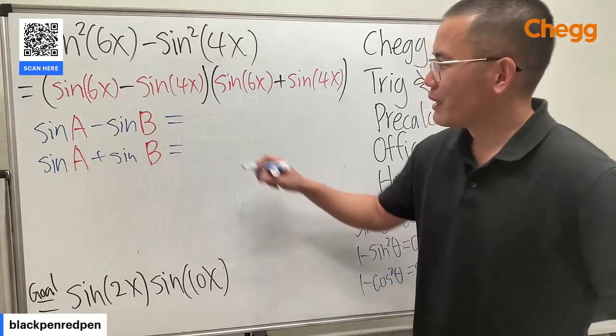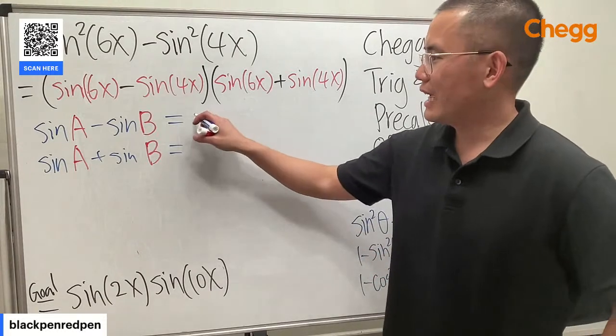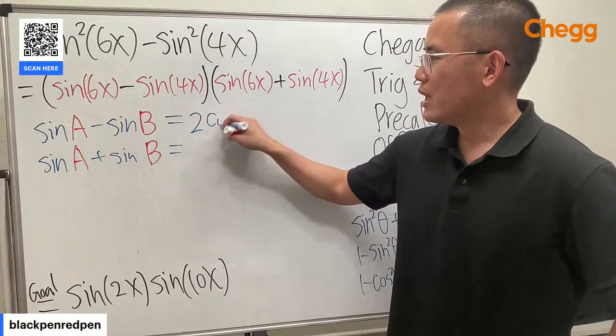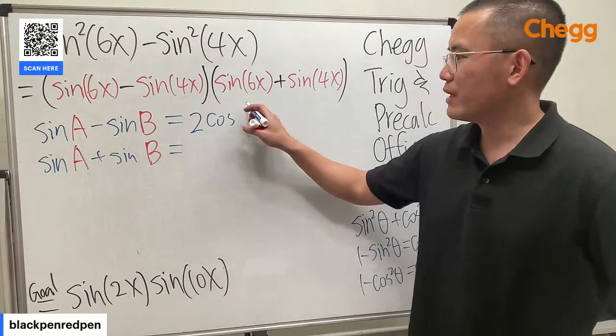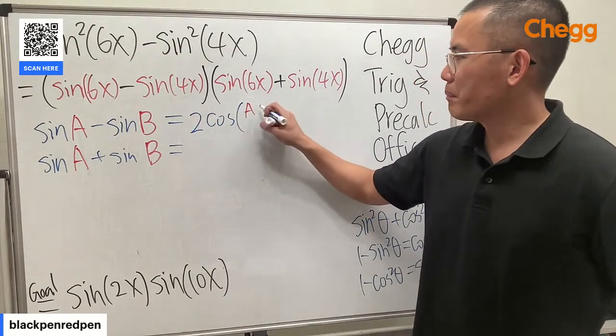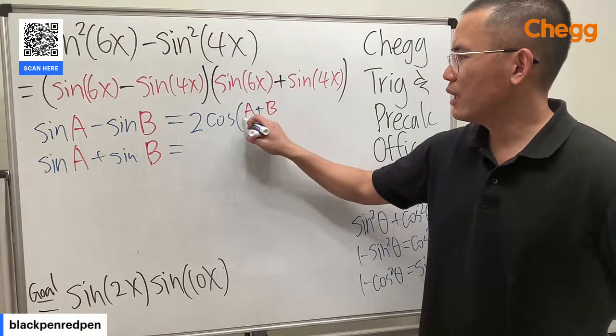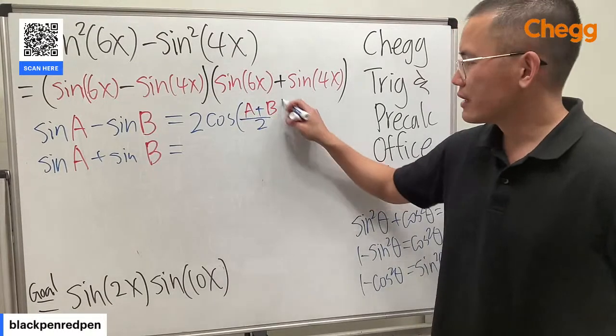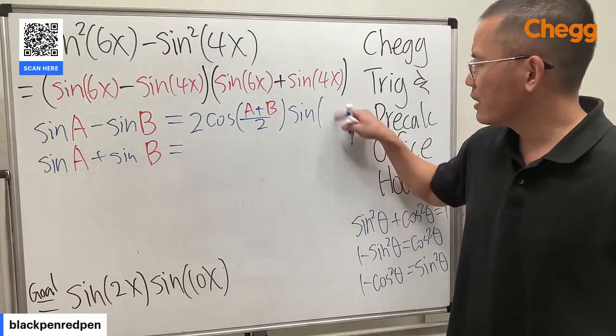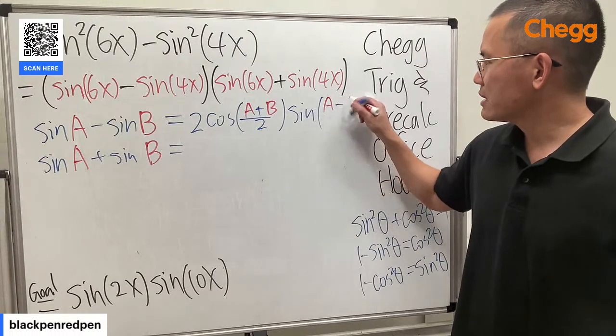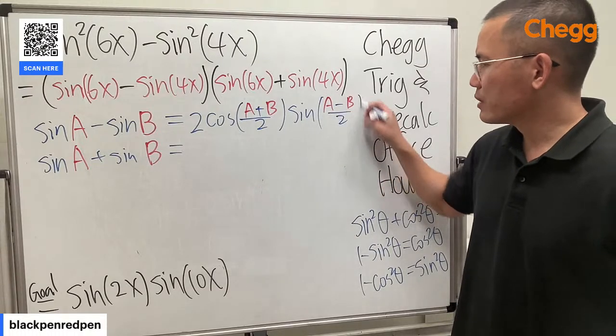Okay, so the one I see right here, I have this being equal to 2 cosine of (A plus B) over 2 times sine of (A minus B) over 2.